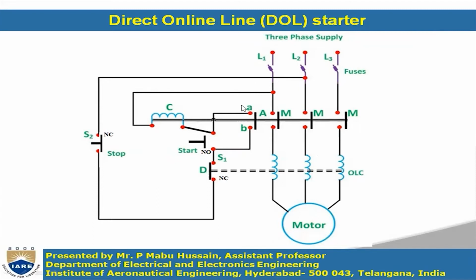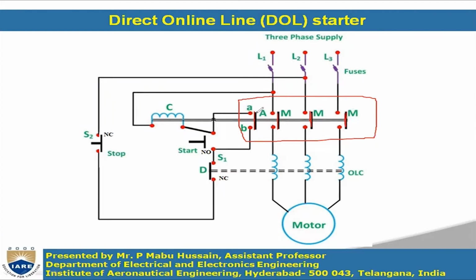So now these are the contactor terminals. If you see here, this is the three-phase four-pole contactor. The four poles are these: 1, 2, 3, and 4.